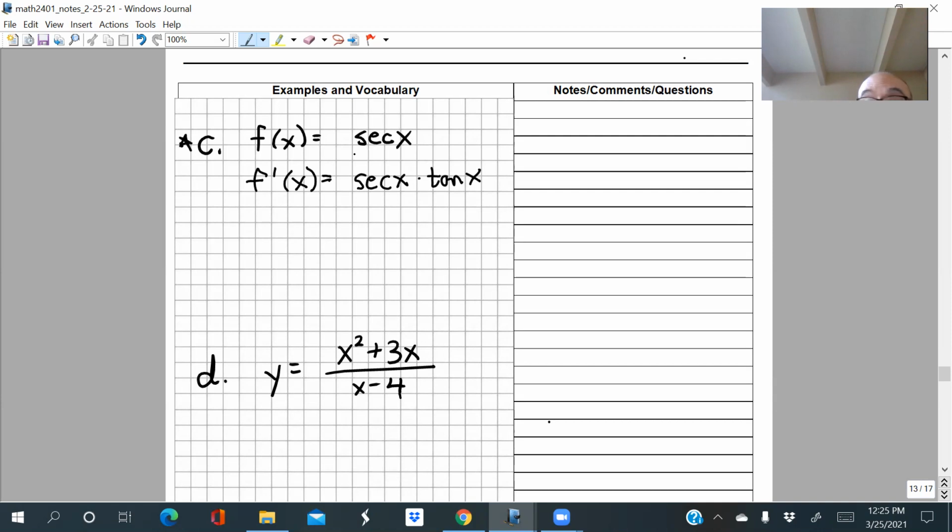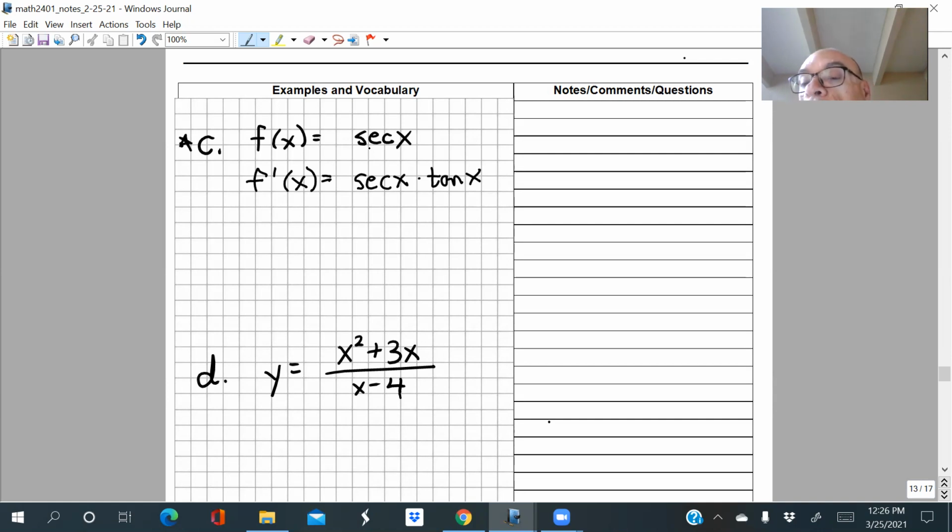Not one of our most used trig functions, but it's important. And its derivative is secant x times tangent x. So to find the second derivative, you're going to have to find the derivative of secant x times tangent x. We're going to try that as a class in a minute.